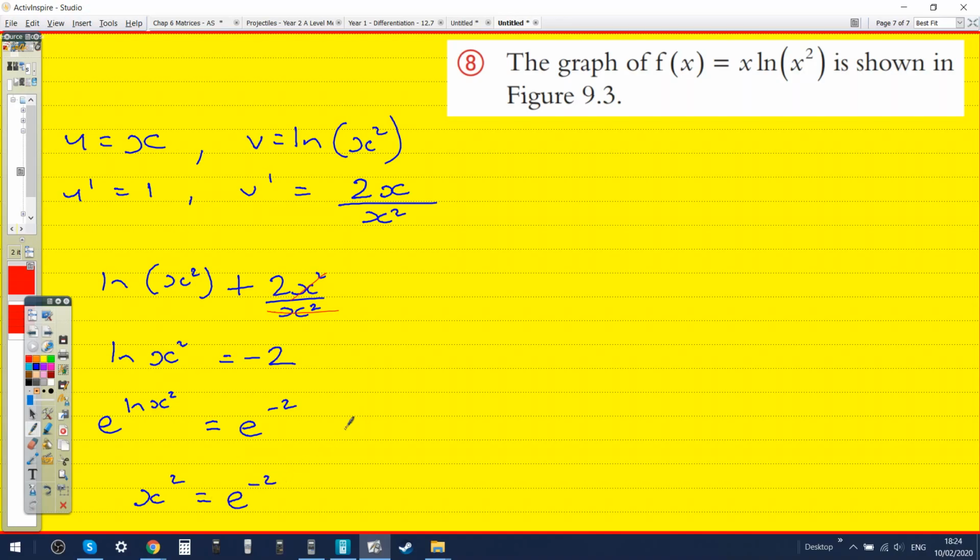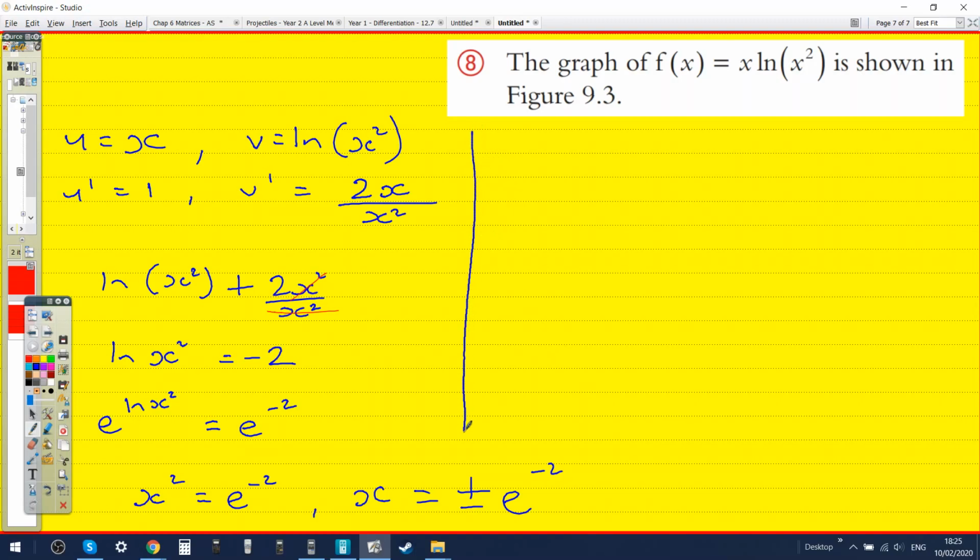You can't have ln to the e, can you? It has to be the ln of something, like sine, cos, or tan. And then x equals the root of e to the -2, plus or minus. So you're going to get two different ones.